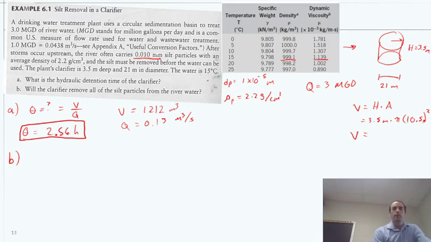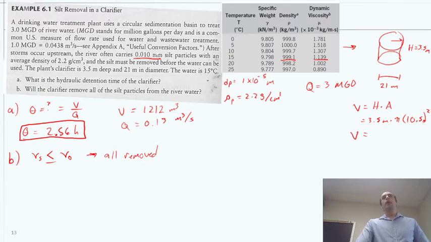Okay, so B is a little more technical. It says, will the clarifier remove all of the particles from the water? And we learned last time that the sedimentation velocity that we find needs to be less than or equal to that critical design velocity in order for all particles to be removed. So that's something we can check: what is this system designed for?